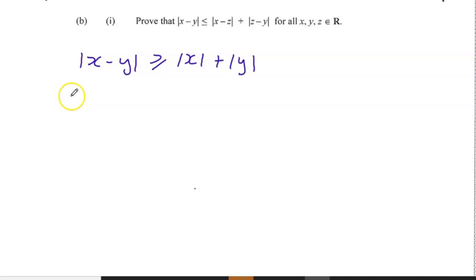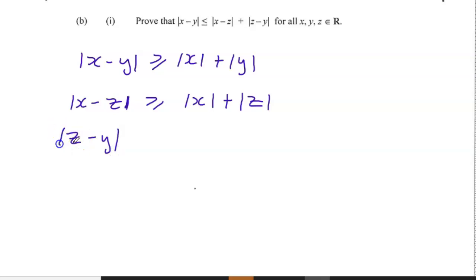Now we have the modulus of x minus z. The modulus of x minus z is greater than or equal to the modulus of x plus the modulus of z. Also, the modulus of z minus y is greater than or equal to the modulus of z plus the modulus of y.